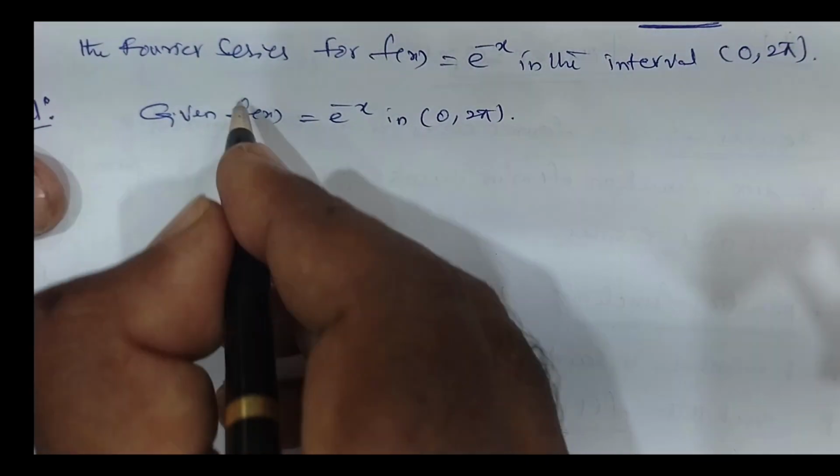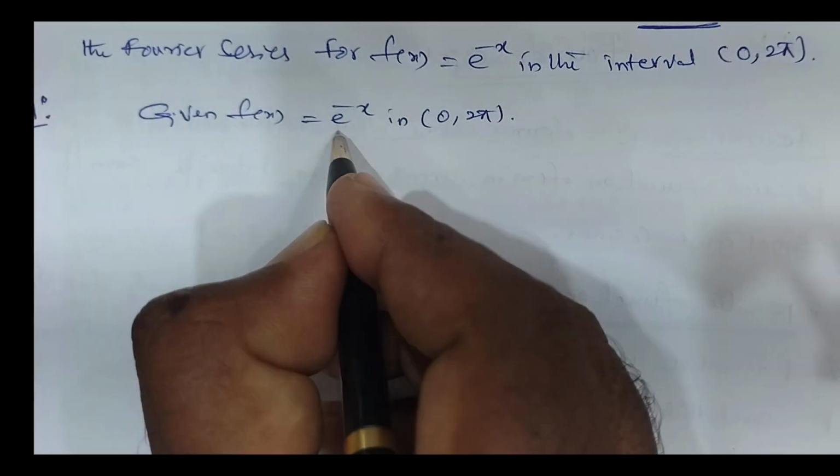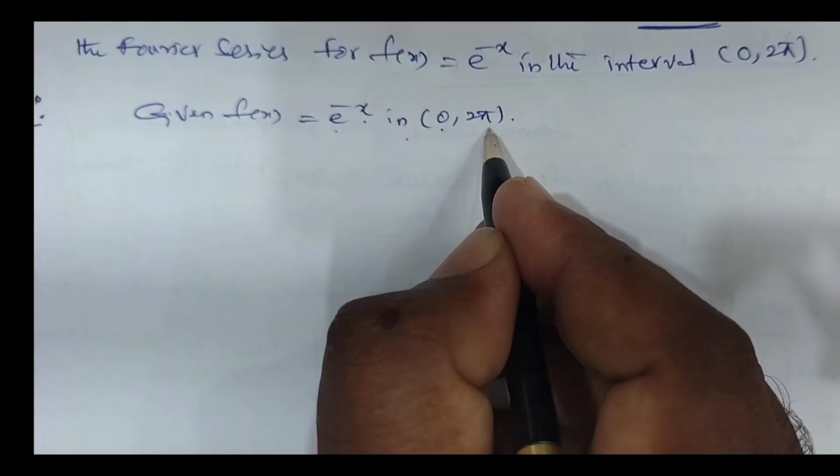Given f of x is equal to e power minus x in 0 to 2 pi.